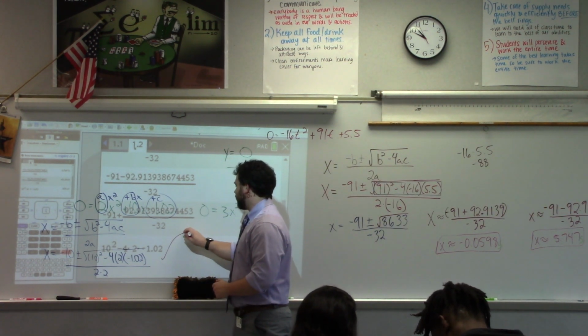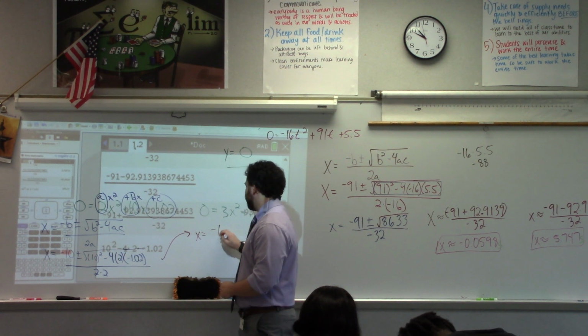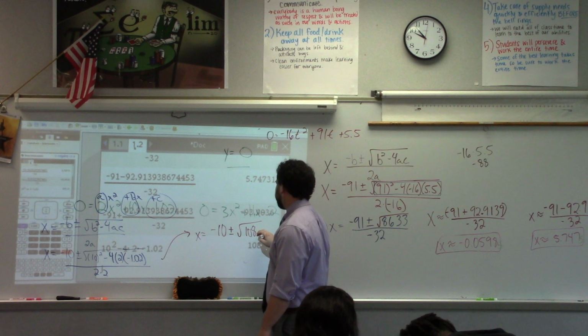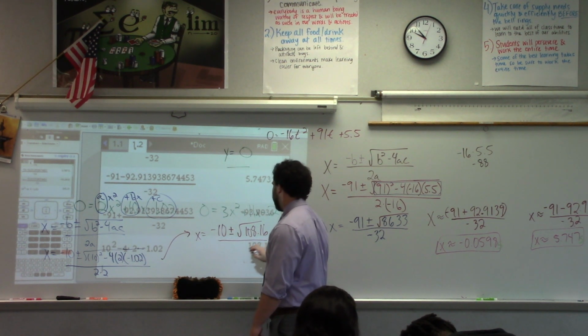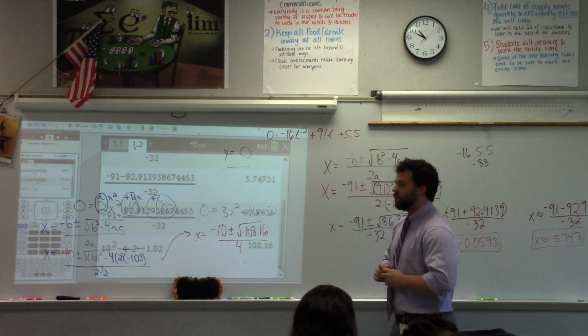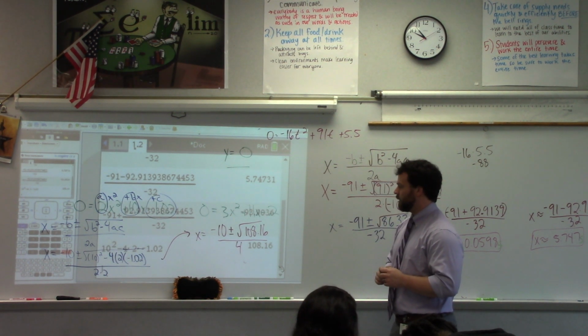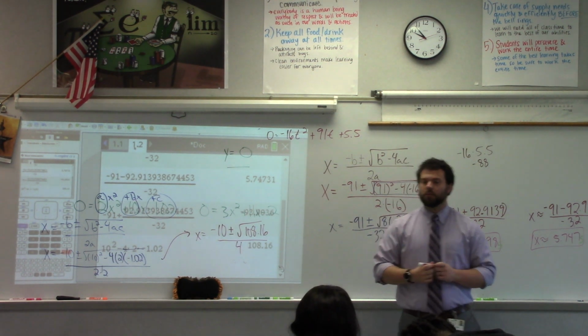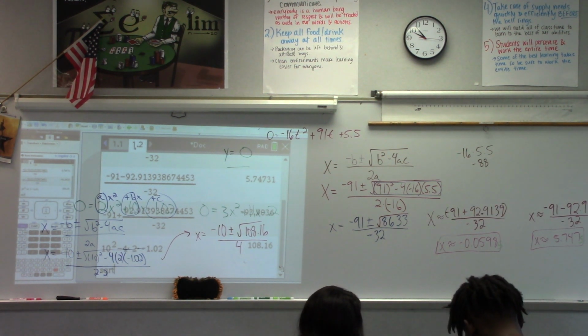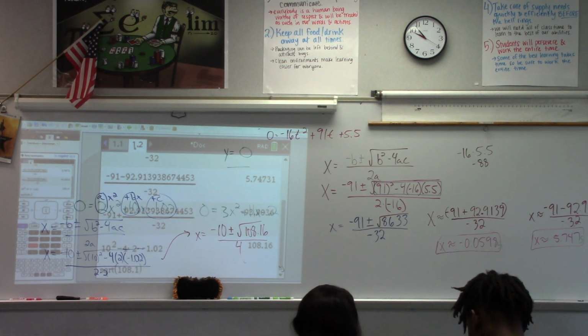Okay, remember, so that's going to be x equals negative 10 plus or minus the square root of 108.16 divided by 4. I haven't taken the square root yet, so I need to do that. That's the next step. Okay, so that's when I would take the square root. 108.16.